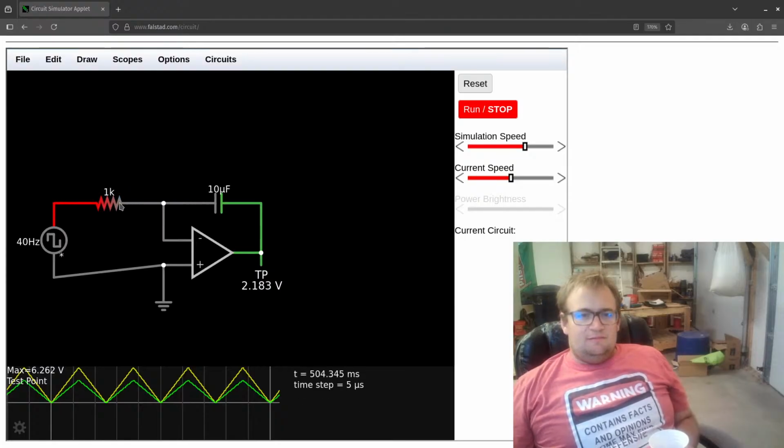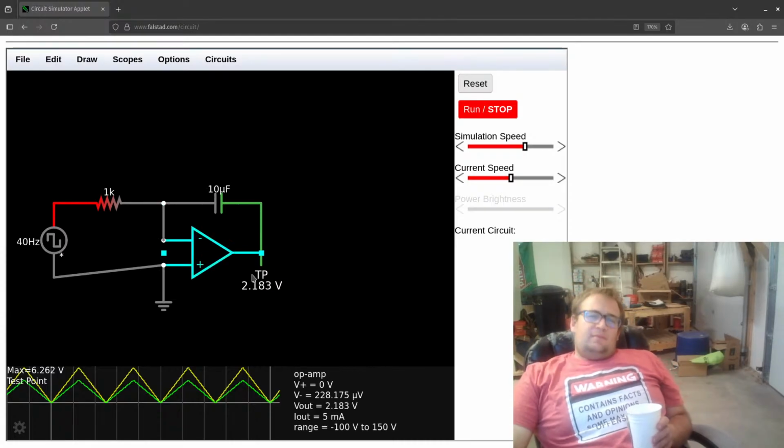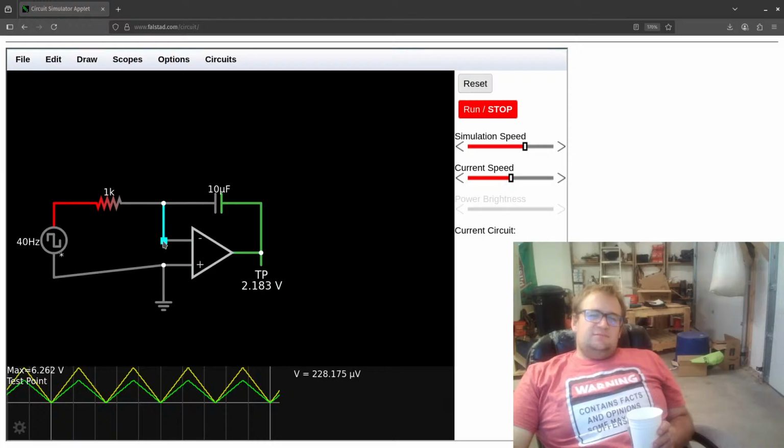So if this is at minus 5 volts in that case, then this is going to try and... It sees minus 5 volts. That means it's going to output 5 volts to try and get positive voltage there, right?